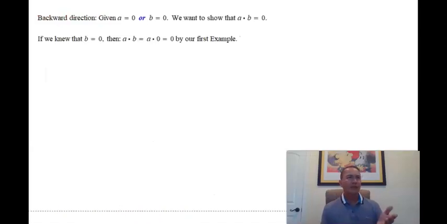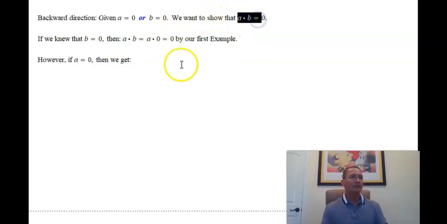Okay, but unfortunately, there's an or in the sentence. We don't know if it's a, which is 0, or if it's b, that's 0. But is the other possibility any harder? However, if a equals 0, what's going to happen? Then we get, what is a times b this time? a times b will be, it's a this time, which is 0, so 0 times b.